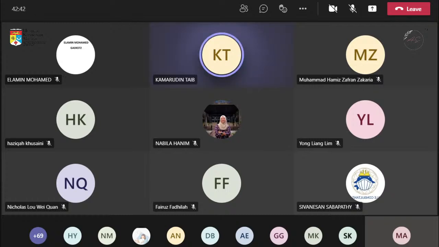Assalamualaikum warahmatullahi wabarakatuh. Maaf ada hal pula. Okey, jadi saya akan sambung.